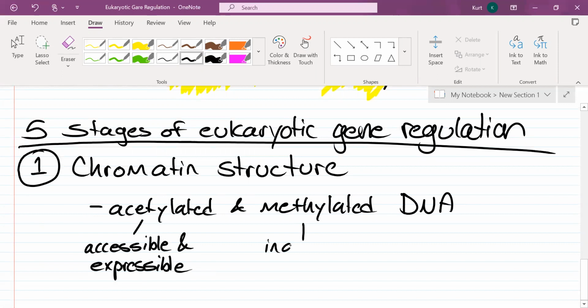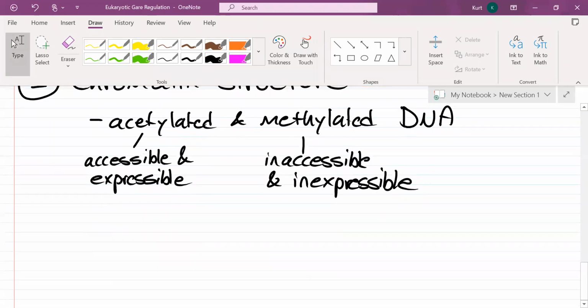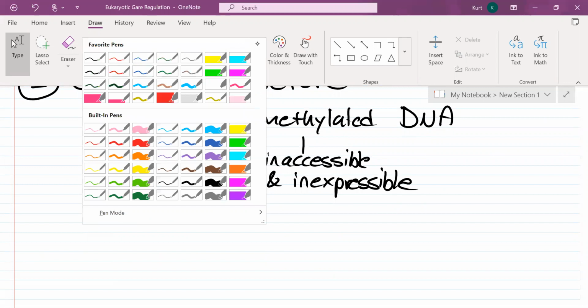Methylated is inaccessible and inexpressible. You want to be able to get to the genes that are acetylated.